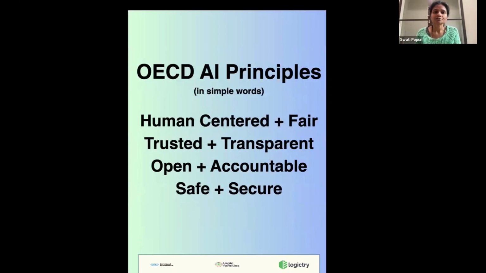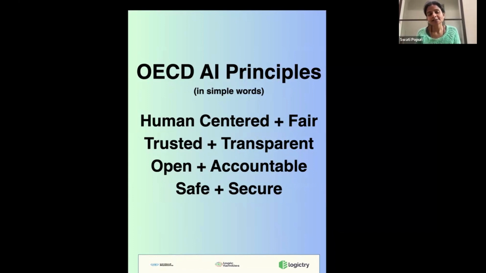With that, I would like to talk about the OECD AI principles in simple words. OECD is the Organization for Economic Cooperation and Development, and the OECD AI principles have been around since 2019. There are 4 foundational pillars for OECD AI principles, which are human-centered and fair, trusted and transparent, open and accountable, and safe and secure.